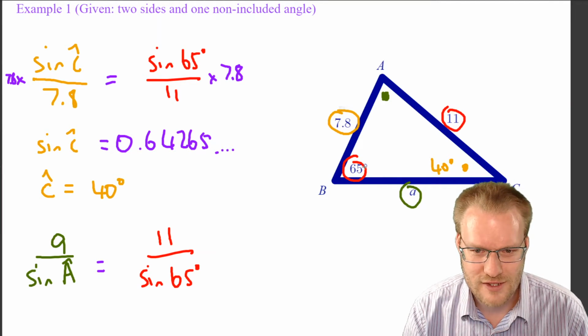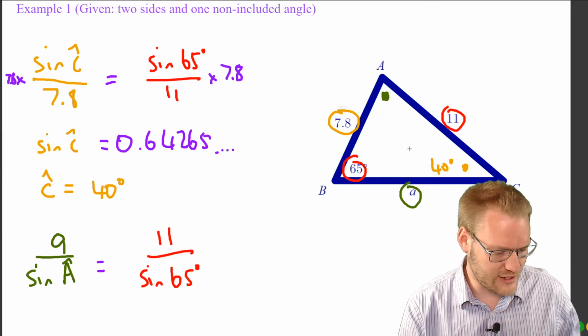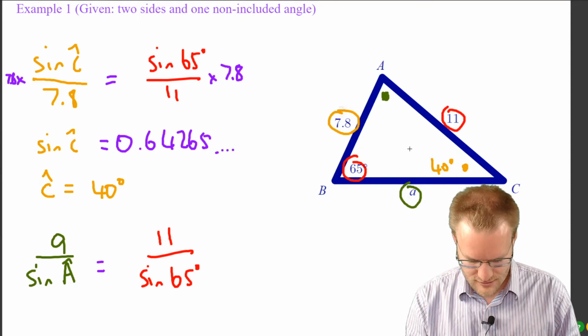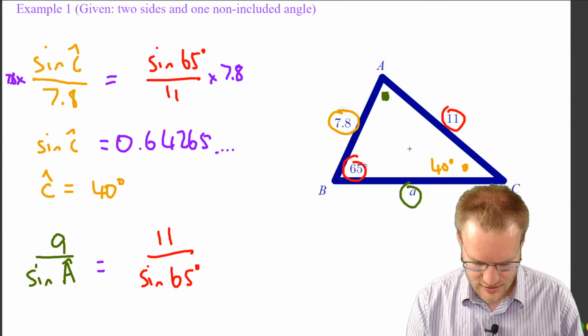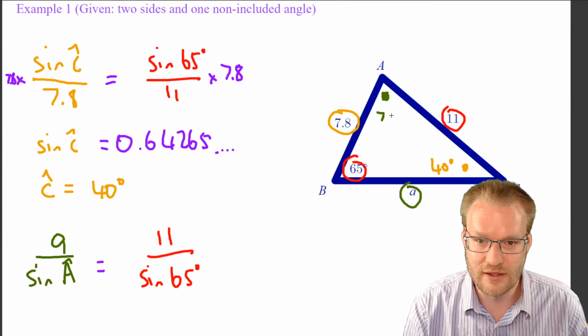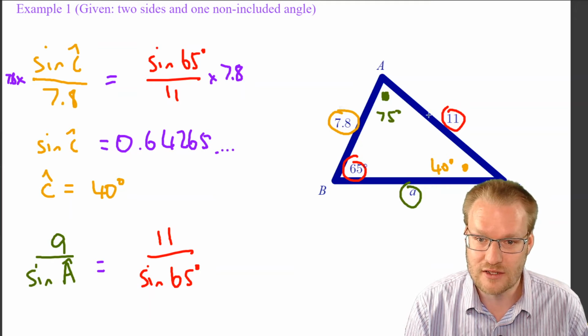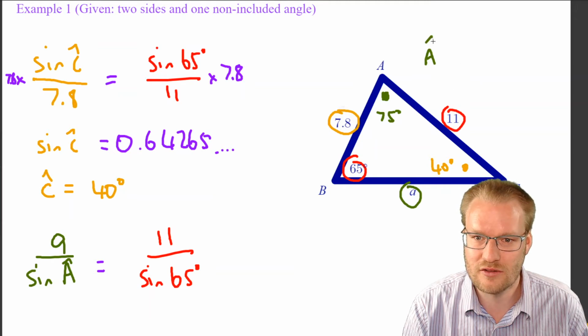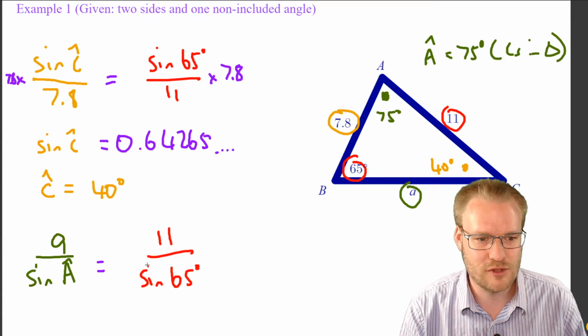Hopefully you've said angles in a triangle, 65, 40, 65 plus 40 gives me 105, so therefore this angle here must have been 75 degrees. So somewhere over here, strictly speaking, we should say angle A equals 75 degrees, sum of angles in a triangle, but we kind of know that.